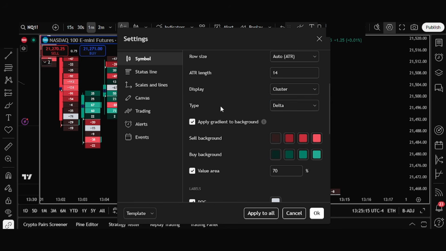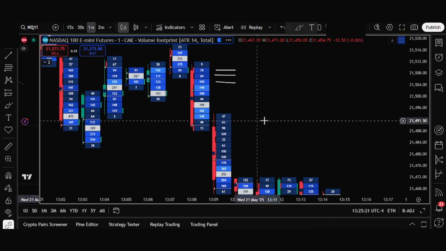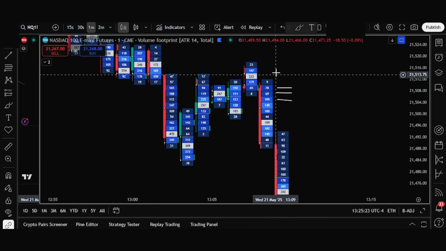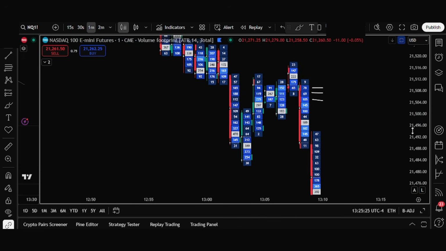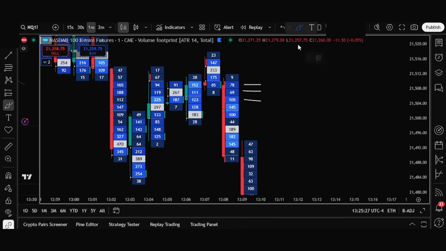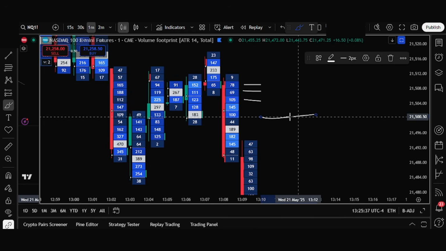So for looking at the volume footprint, we have to choose the total here. This one will show the volume footprint, the total of the buyers and the sellers, or the buy market orders which were already executed and the sell market orders at their price levels.